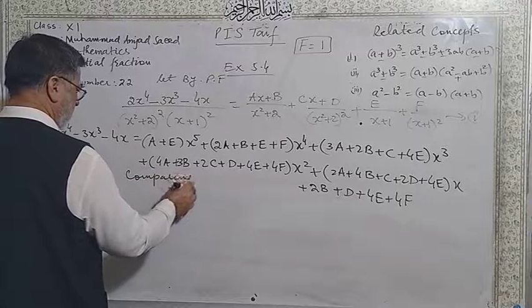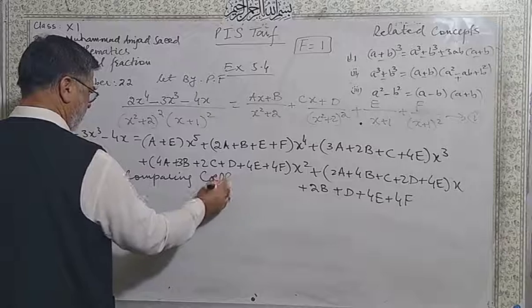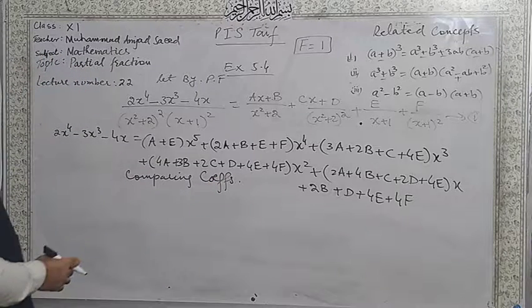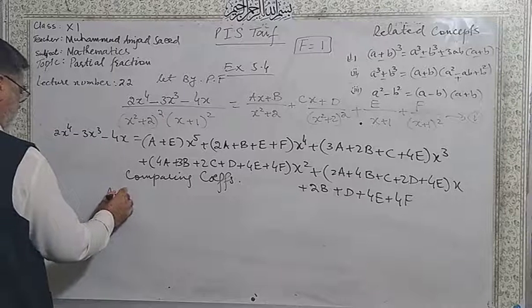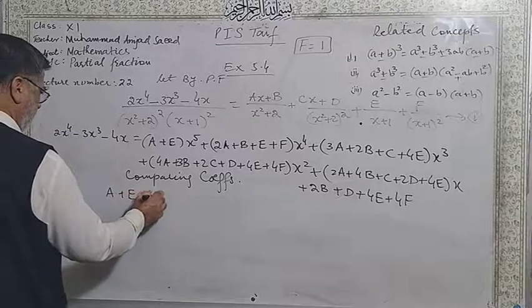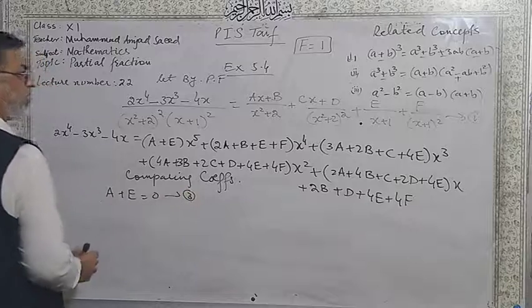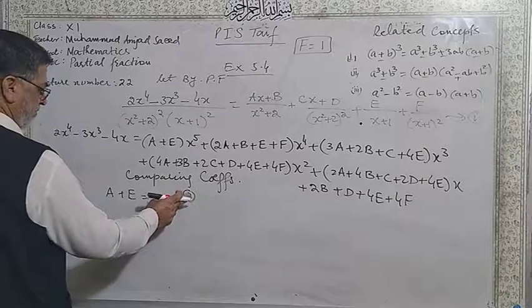Comparing coefficients, we have a plus e is equal to 0. That is equation number 3.